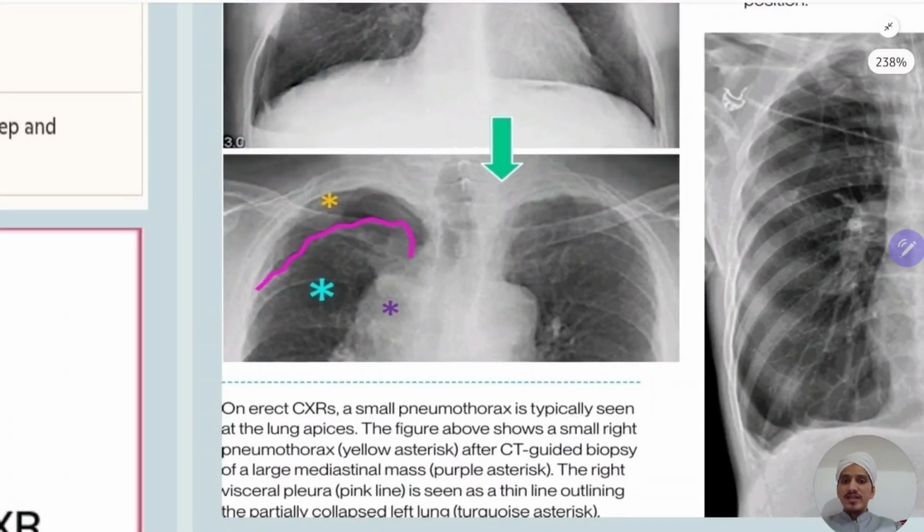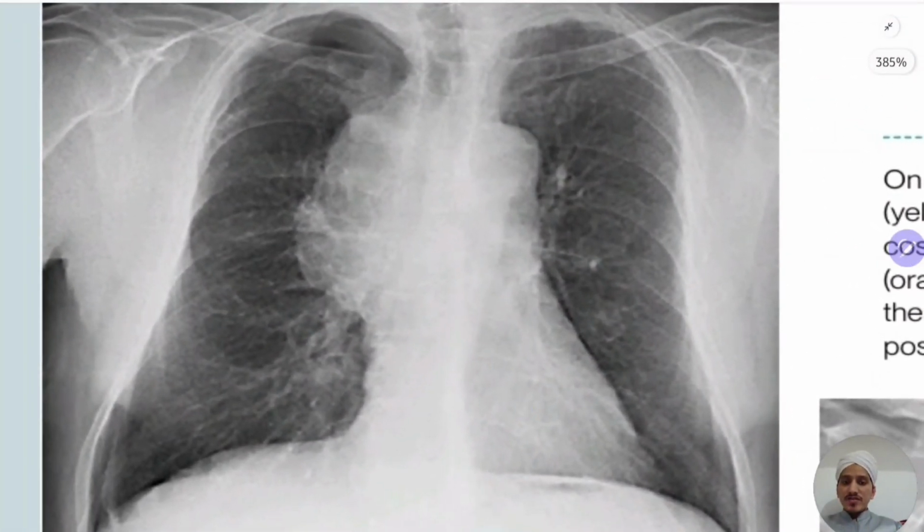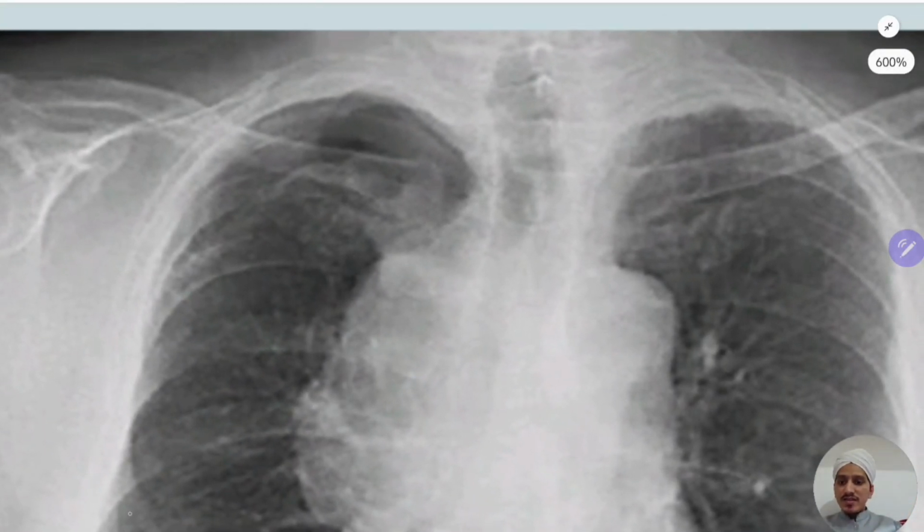Now we will see the chest again. So this is a mediastinal mass. Why? Because you are seeing the bronchovascular markings here, so it cannot be a lung line. But if you observe this one, you can see some marking here, the lung line here. Compare both sides.